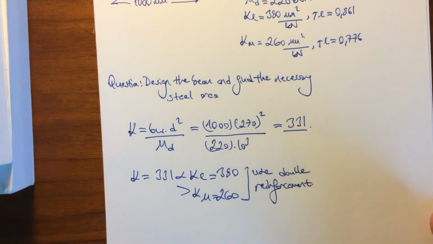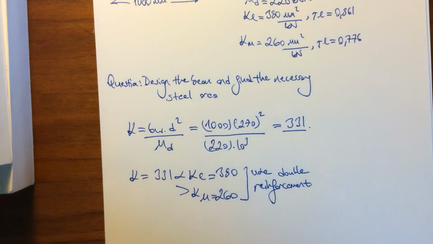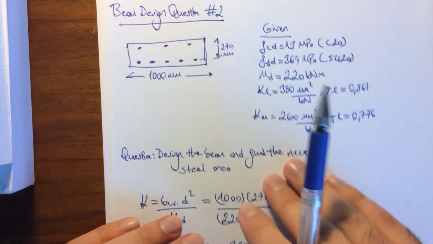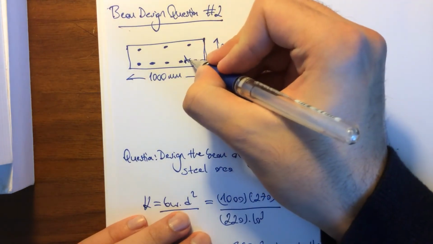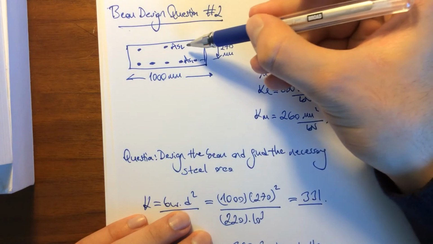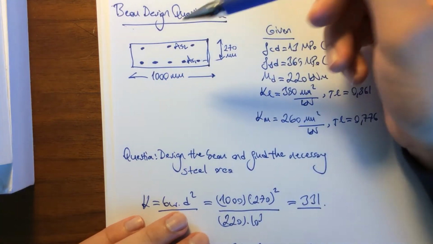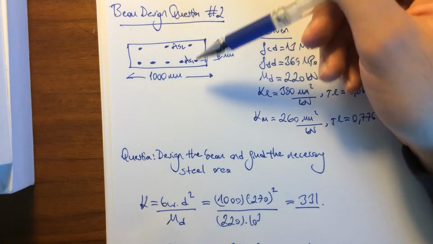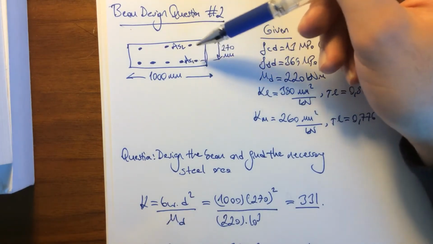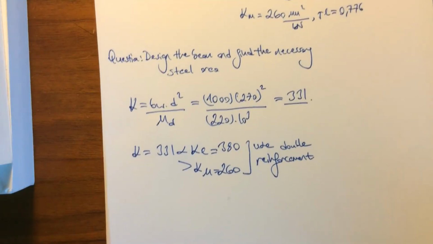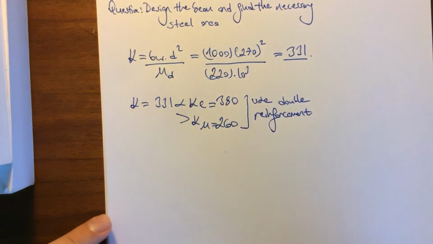Let's start with getting the moment values for getting the steel layer number 1. I will name this tension steel as AS1 and the upper compression zone steel as AS2. Apparently the compression steel that is required in this question will be smaller than the steel that is required in the tension zone. Okay, let's move on.